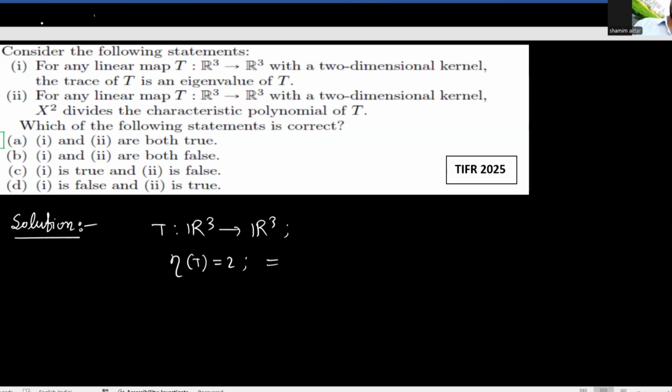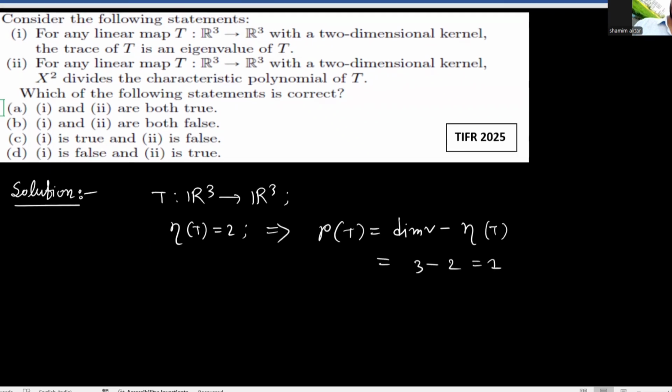This implies the rank of T equals the dimension of V minus the nullity of T. We already know this famous result, the rank-nullity theorem. So the dimension of V is 3, and 3 minus 2 is equal to 1. Okay, rank 1.